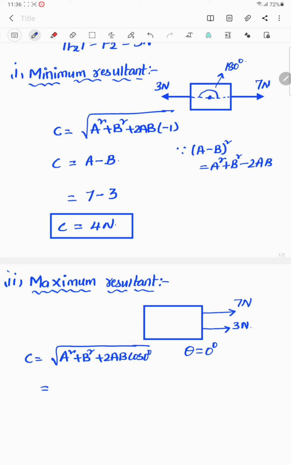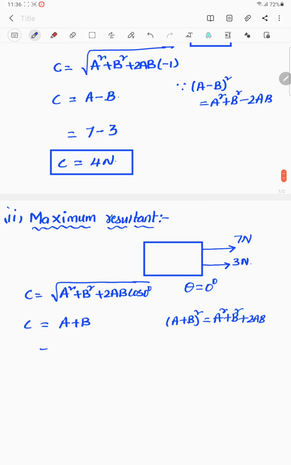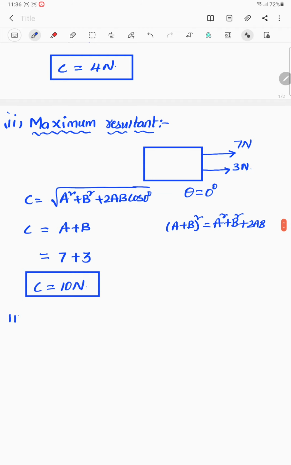So it turns out to be the square root of a square plus b square plus 2ab, that is, a plus b whole square. So C is a plus b. Substituting the magnitudes, a is 7 and b is 3. Thus the maximum resultant is 10 newtons.